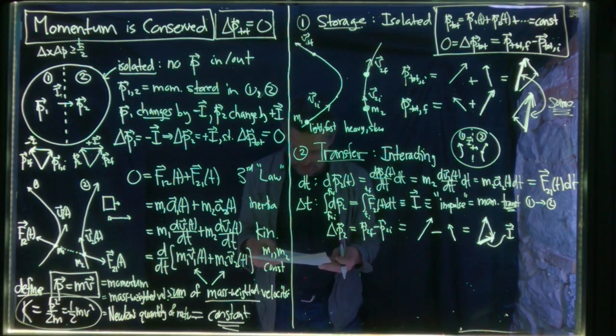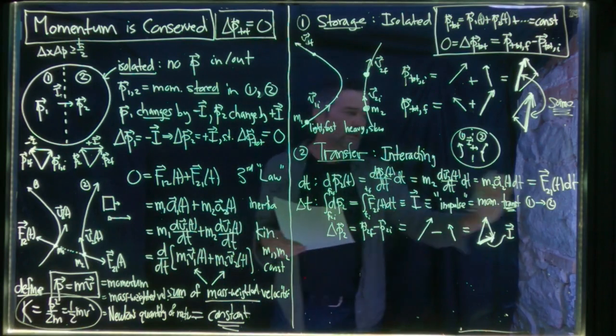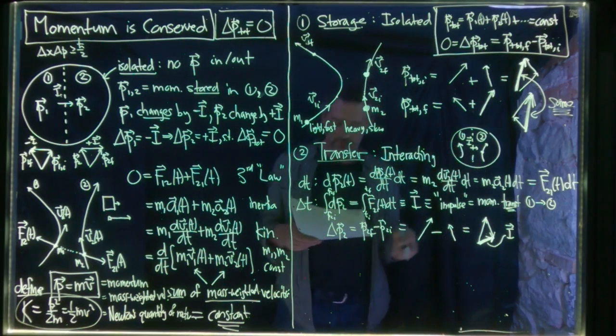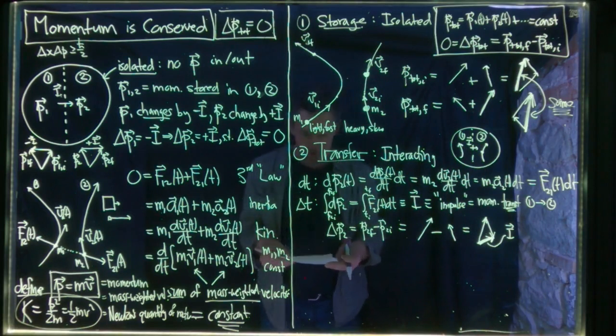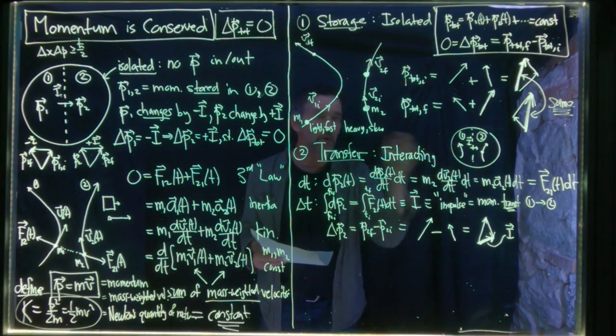Then similarly, we can play exactly the same game, just reverse. Instead of talking about system number 2, we could talk about system number 1. In the same way that the integral of dp2 is the integral of F21 dt, we could do the exact same analysis on particle number 1.